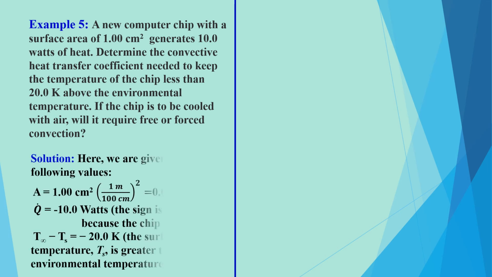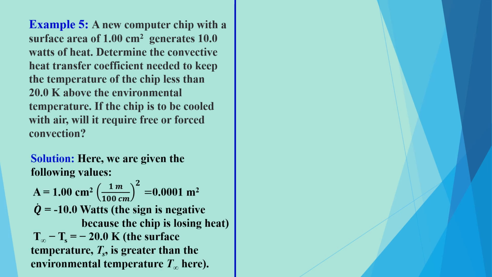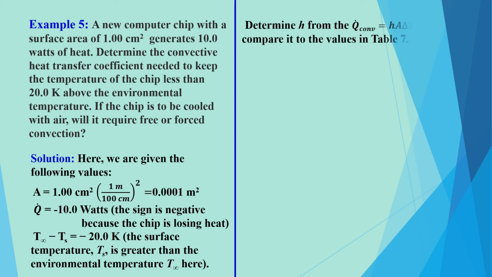Solution. Here we are given the following values. The surface area, 1 centimeter squared, is equal to 0.0001 meter squared. The Q dot, which is the heat transfer rate, is negative 10.0 watts.